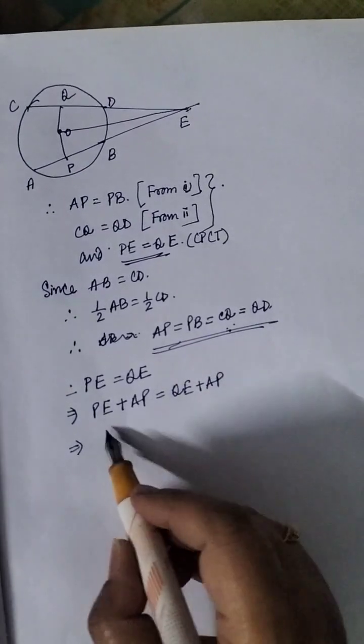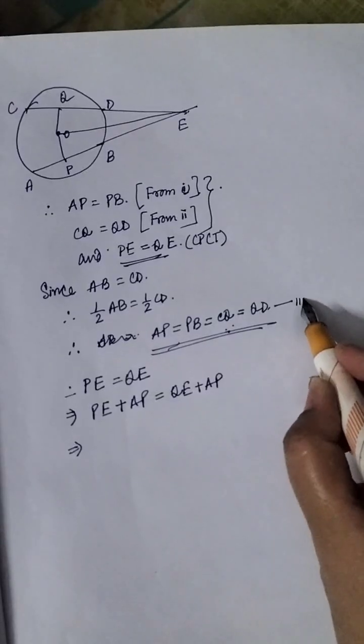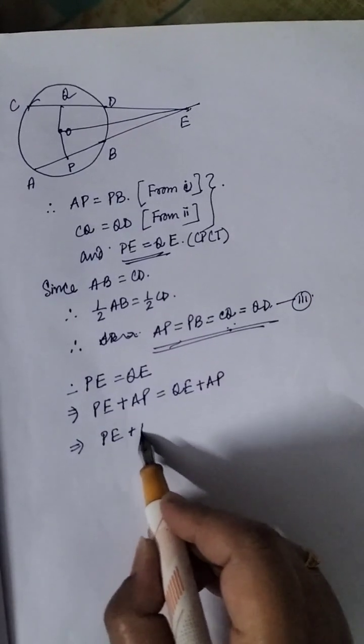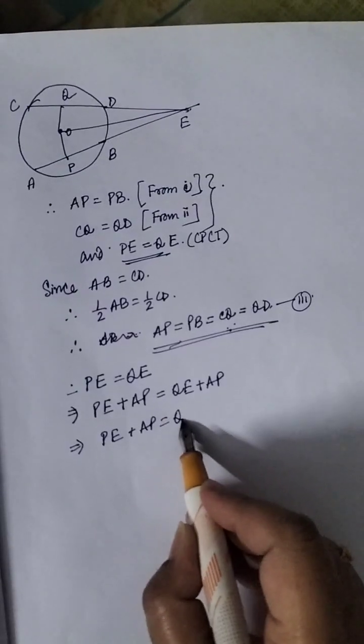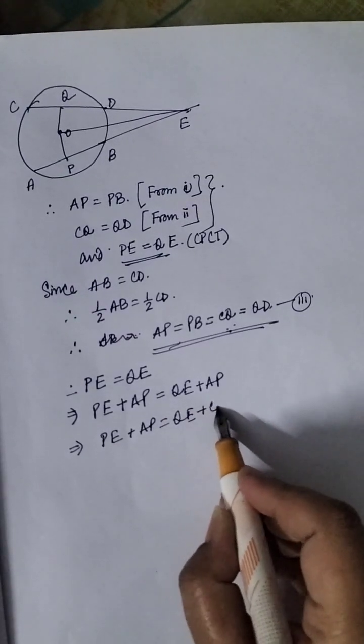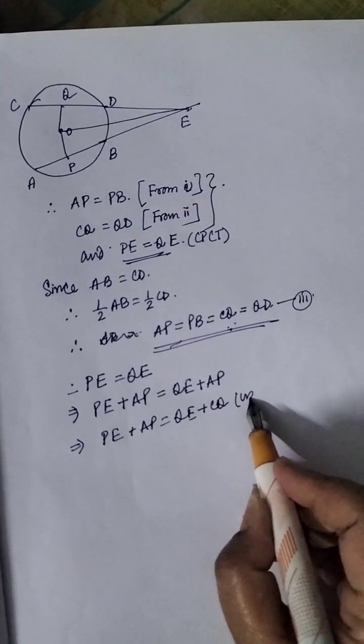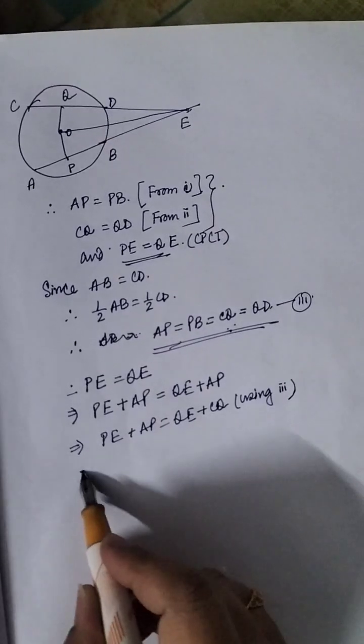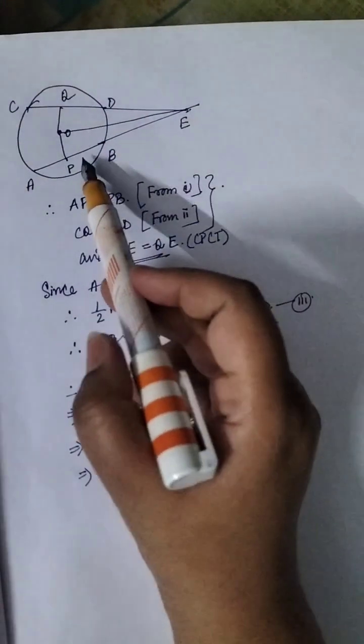So let's take it as number 3. So we get PE plus AP equals QE plus CQ using 3. So PE plus AP means what?